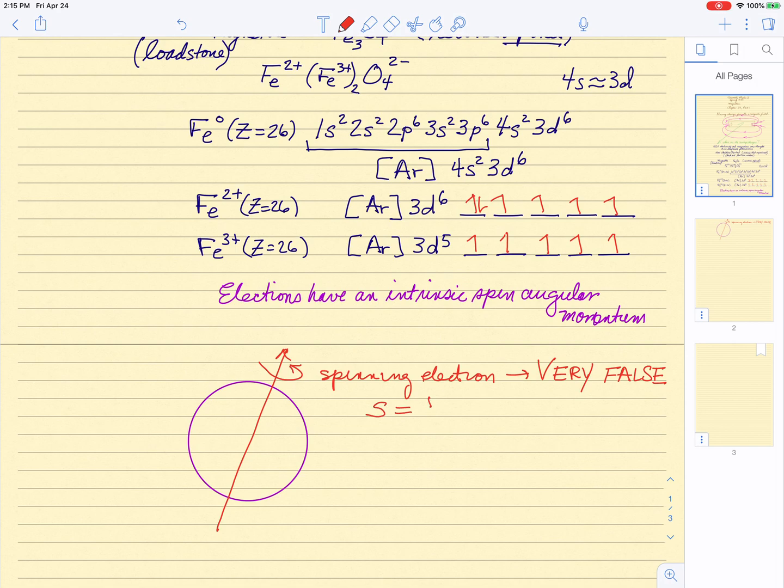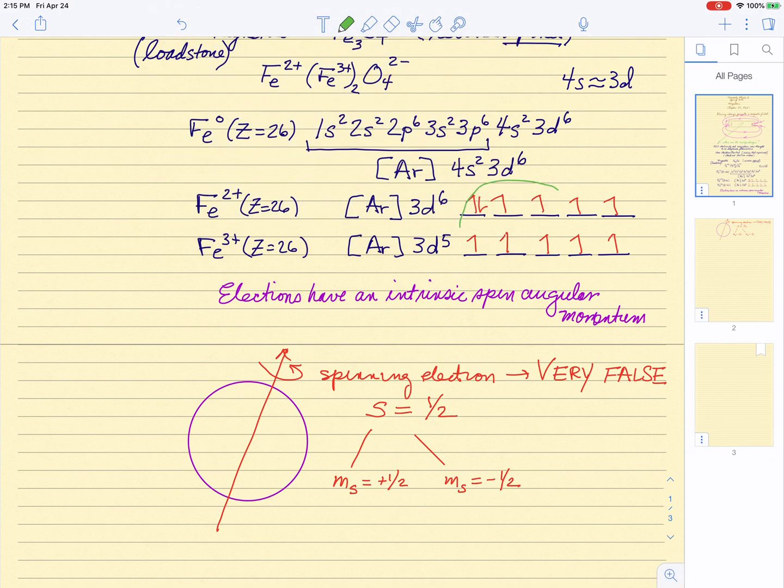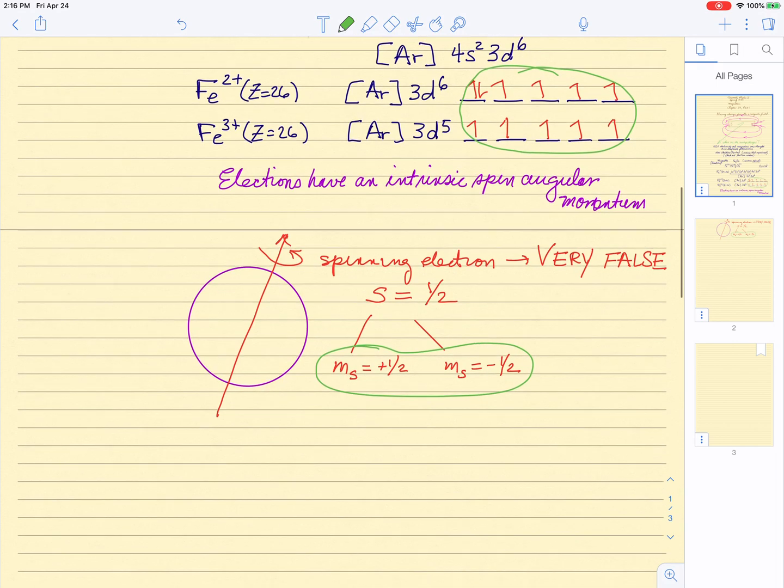The spin quantum number is 1/2, and most of you know that could be either spin up or it could be spin down. Okay, and so that when we go back and we talk about filling orbitals like that, we're talking about putting electrons in those orbitals such that they're either spin up or spin down.